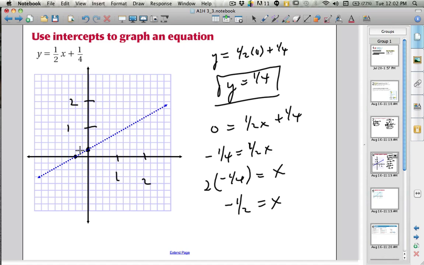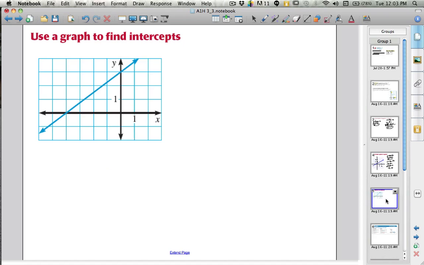Okay, so once I have 2 points, if I draw a line between the 2 points that connects the 2 points, I will have graphed a linear equation. It always takes 2 points to determine a line. Okay, if I want to just look on a graph and find the intercepts, I can see that y is equal to 1, 2, 3, right? y is equal to 3 is the y-intercept.